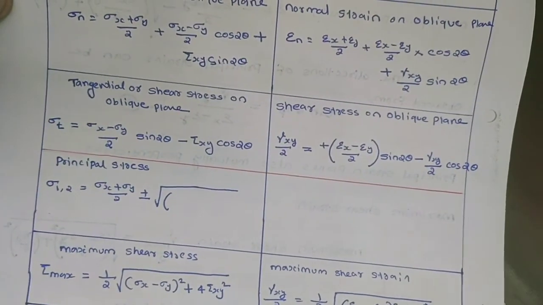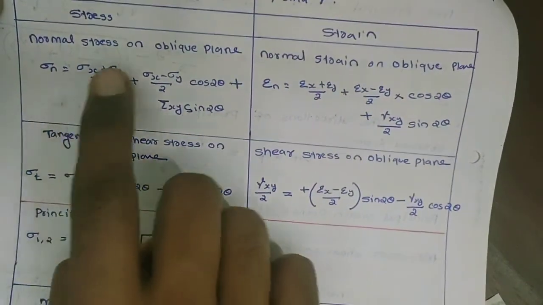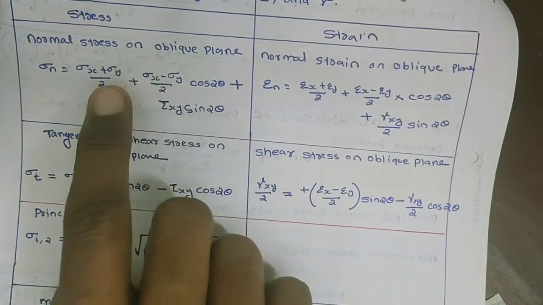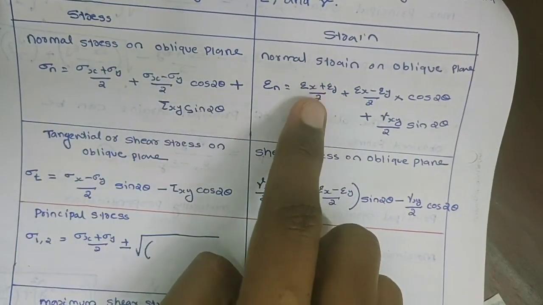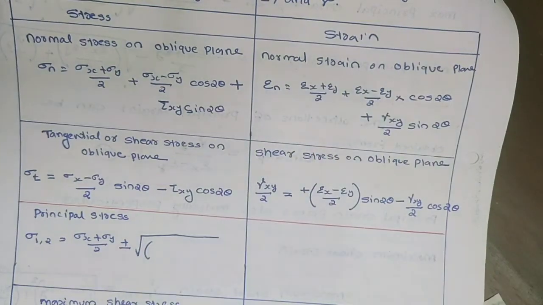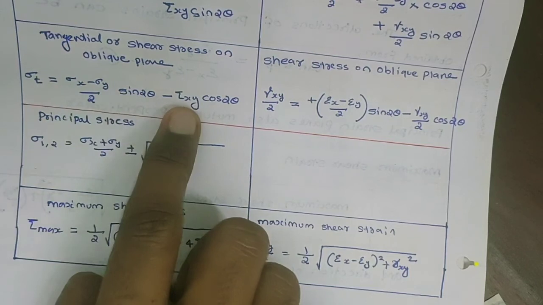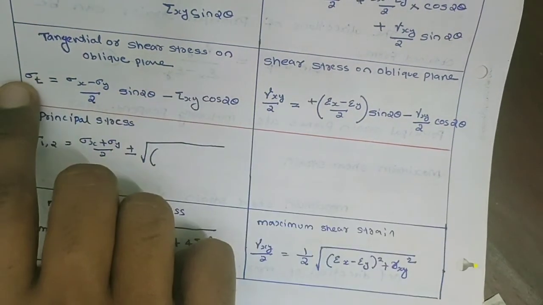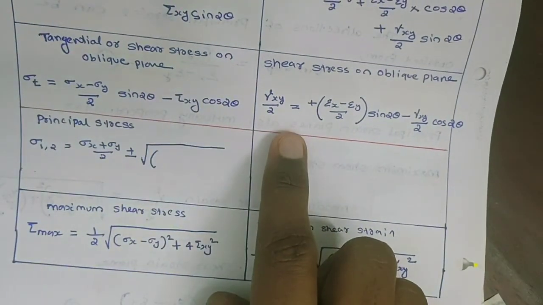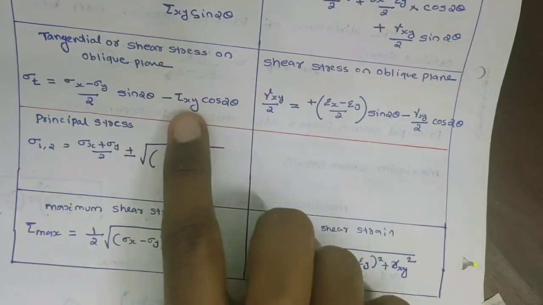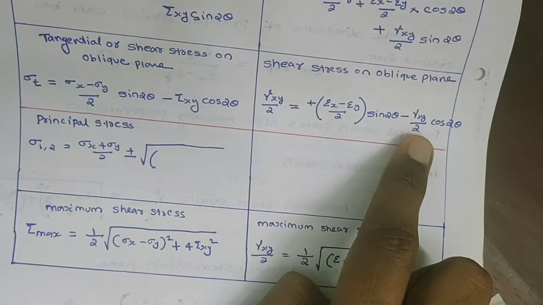And this is the analogy between stress and strain transformation. The normal stress on an oblique plane is this one. Here instead of sigma we use epsilon for normal strain on an oblique plane. This is the tangential shear stress on an oblique plane. Here tau xy is replaced with gamma xy by 2.